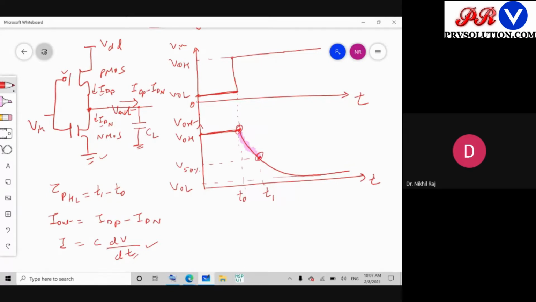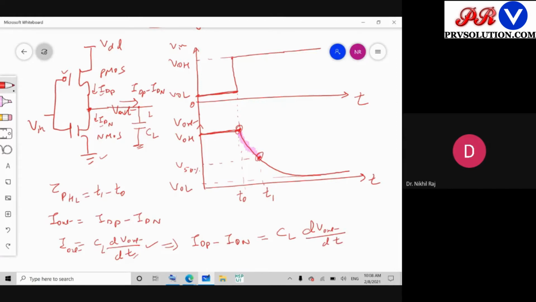So what is this? The current through this CL, I equals CL into dV out by dt. So this I can rewrite as, what is I? I is nothing but I out, and I out is nothing but IDP minus IDN, that is equals to CL into dV out by dt.